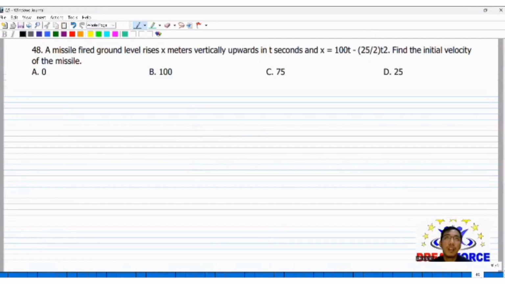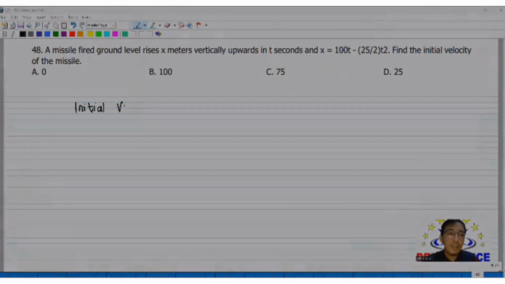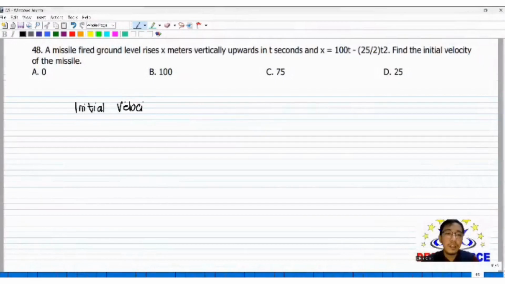Pag sinabi nating initial velocity, wait lang, parang kulang yata. So, pag sinabi nating initial velocity, syempre magagaling siya sa may ground level. Tama. Ibig sabihin, the value of x is equal to 0. Hindi pa siya tumaas, diba? Wala pa siyang height.